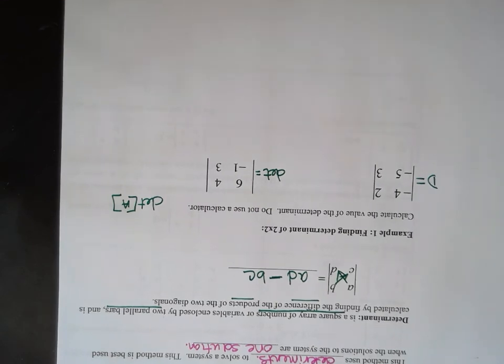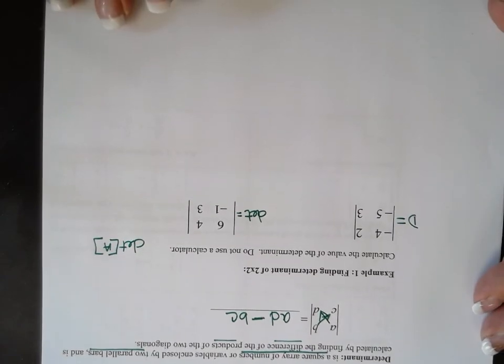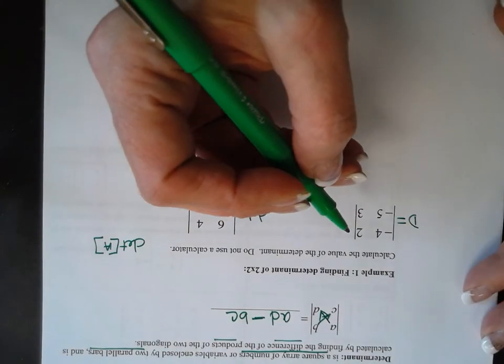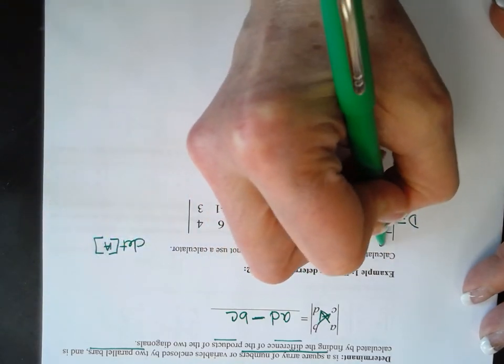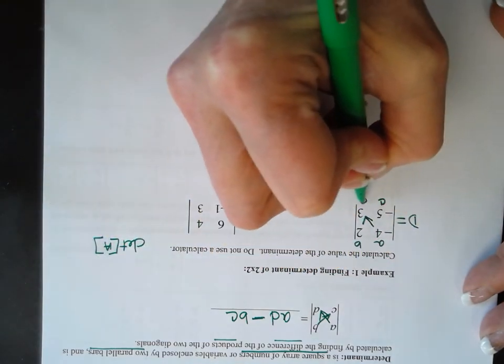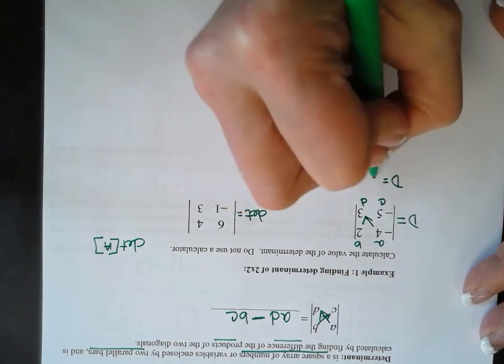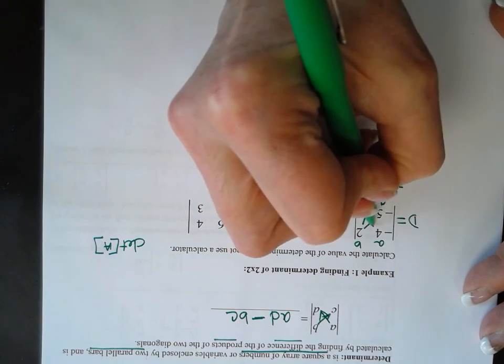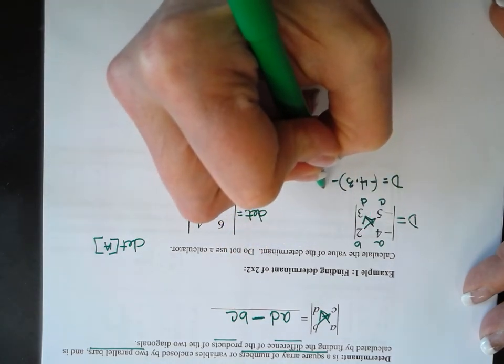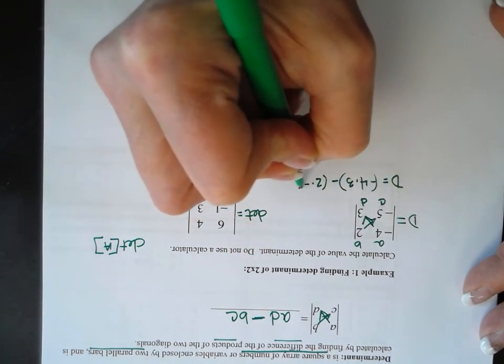All right? So to calculate the value of it, it goes A, B, C, and D. So we multiply -4 times 3, and then subtract 2 times -5.